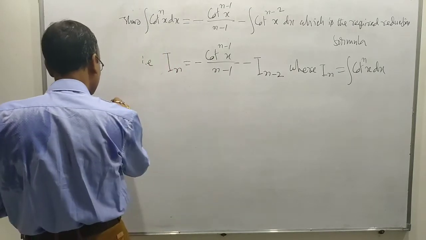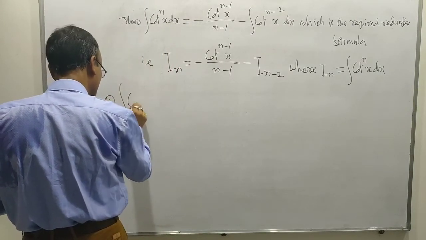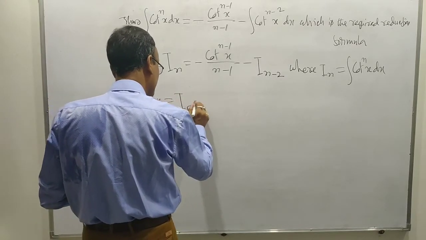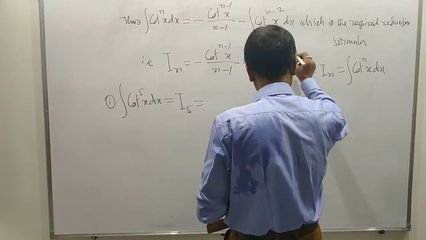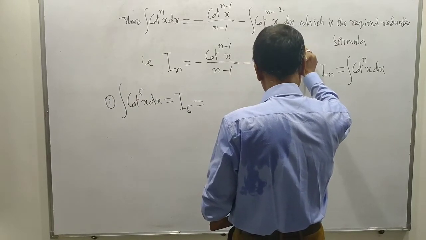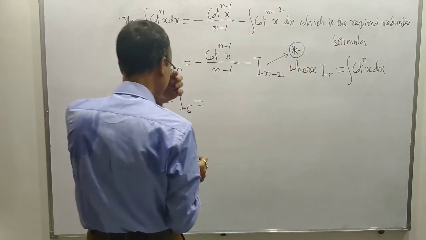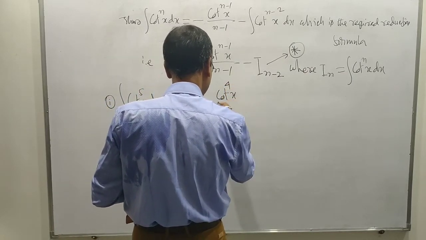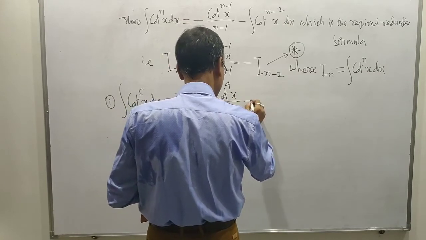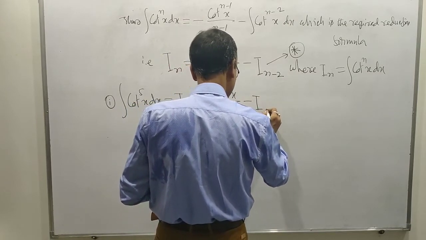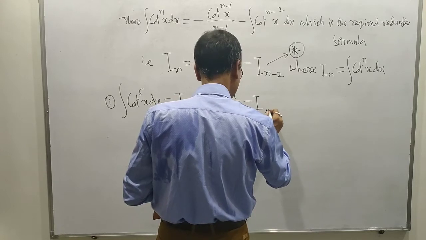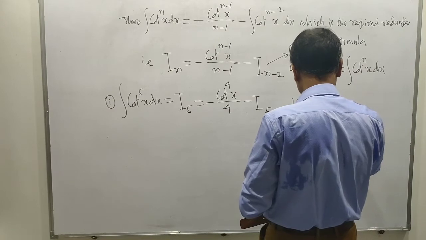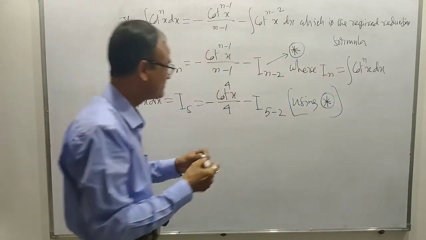Now, integration cot to the power 5 x dx. This is equal to I_5. Using this, I am writing here, star: minus cot to the power 4 x divided by 4 minus I_3.